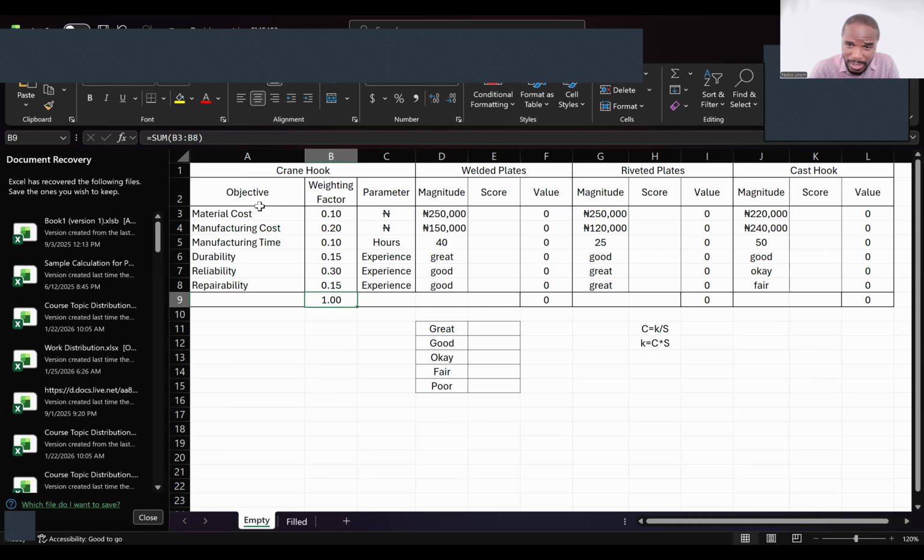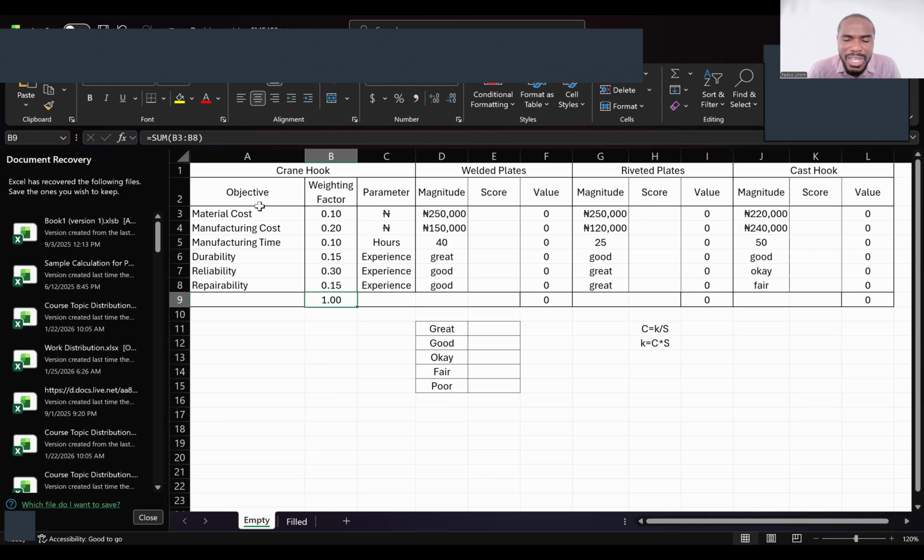When they come to riveted plates, the same plates are used, it's just how they fix them together that differs. So for riveted plates, the material cost is 250,000 naira. When they come to casting, the little metals they are going to buy to heat, melt and cast is going to cost them how much?